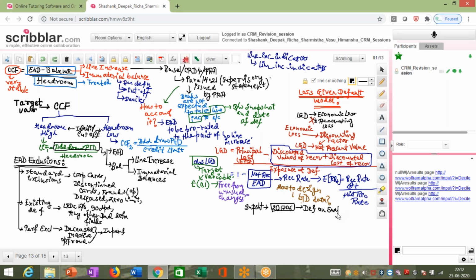So default on snapshot. Now this set of records are the ones which have already been excluded as part of the EAD, PD and EAD model.